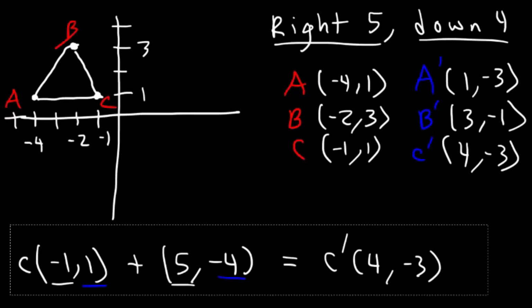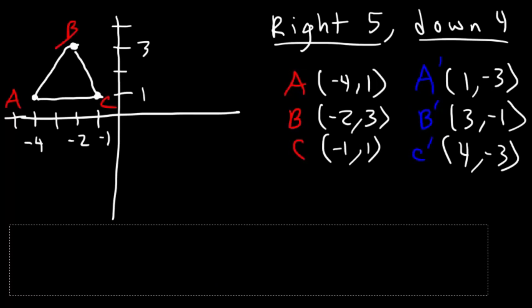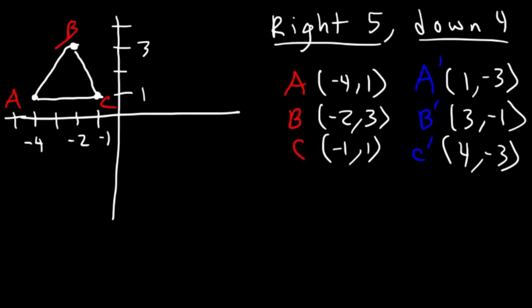So now all we need to do is plot the new points for A, B, and C. And then we can graph the figure. Point A is located at 1, -3, which is here.